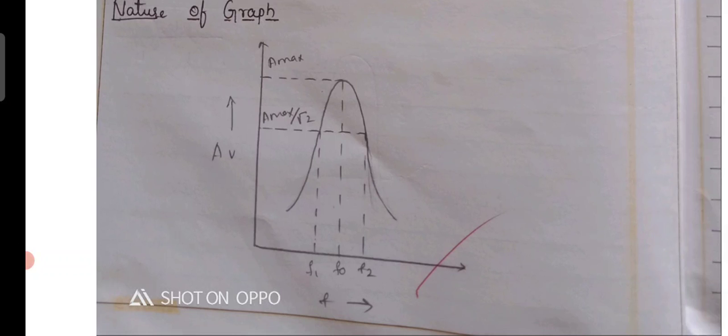When the frequency is small, the gain starts to increase. As the frequency increases to a certain extent, the gain also increases. At a particular frequency, the gain is going to be maximum.